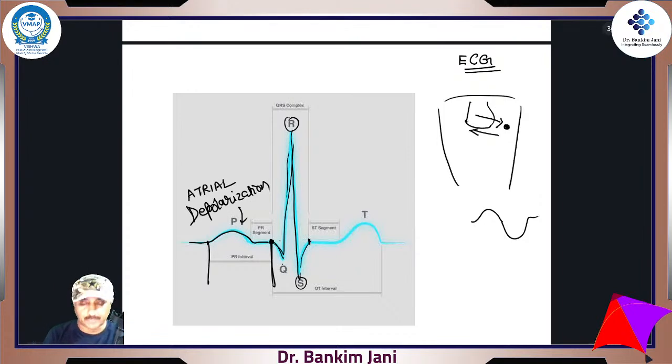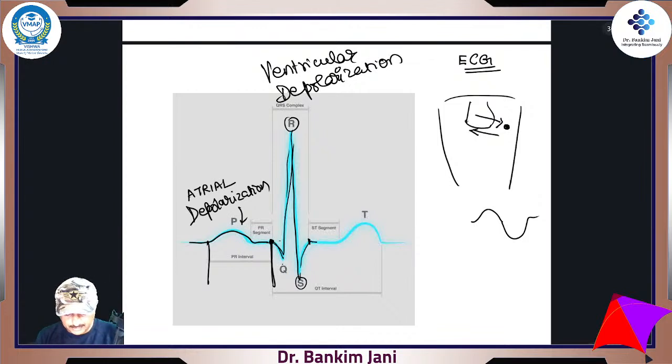This QRS complex represents ventricular depolarization. And then comes a small T wave, and that small T wave tells us that it is ventricular repolarization.